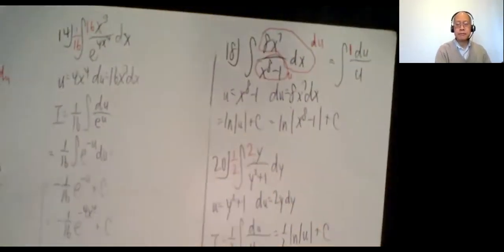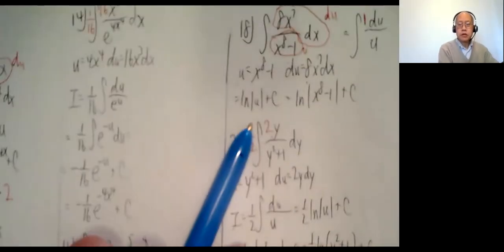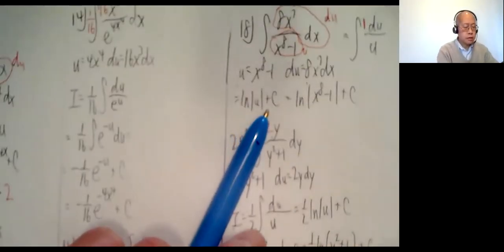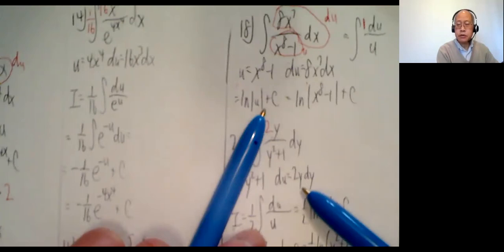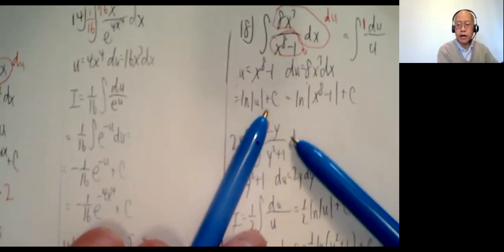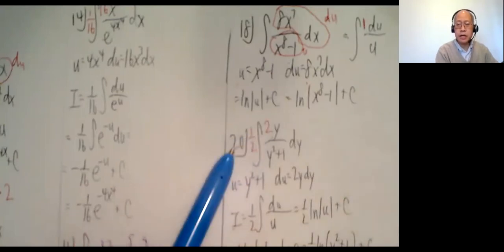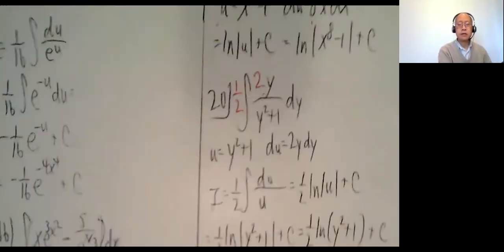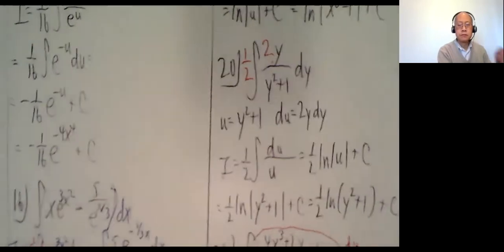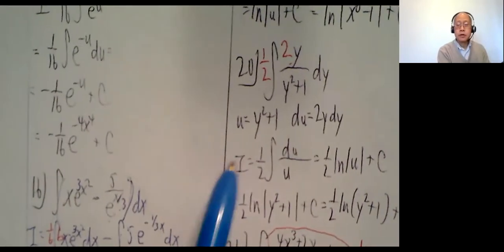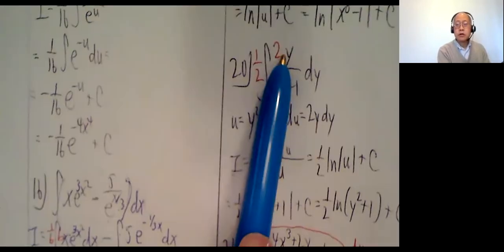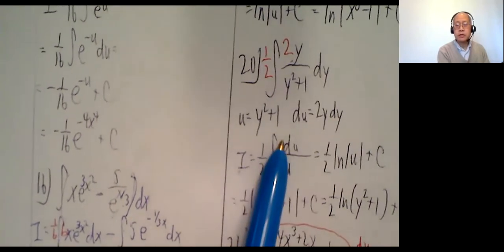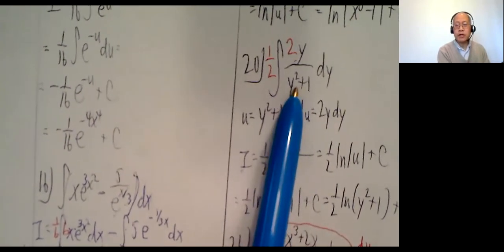So let u be the bottom. u equals y squared plus 1. du equals 2y dy. I have y dy. That means I multiply by 2 inside, 1/2 outside. Okay. So I have 1/2 integral 2y dy is du divided by y squared plus 1 is u.